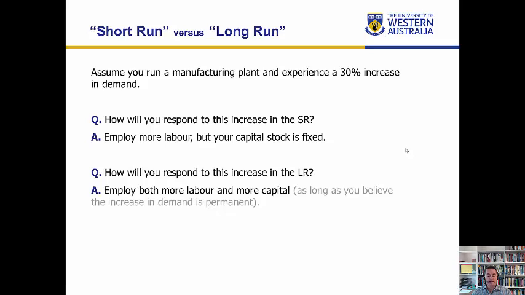Well, if we know it's a permanent increase in demand and therefore production, it doesn't make any sense to keep capital fixed and just add more and more labour, because capital will be worked too intensively, the capital equipment will get crowded, there will be too many people trying to access that capital equipment.